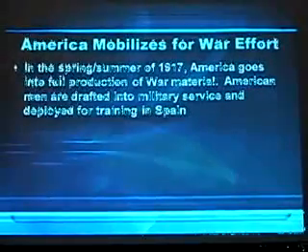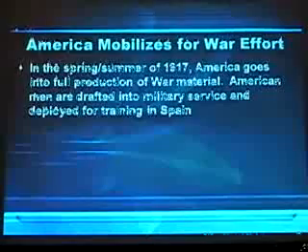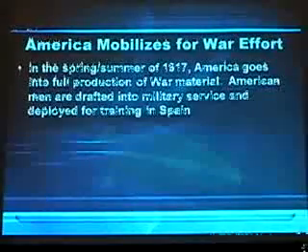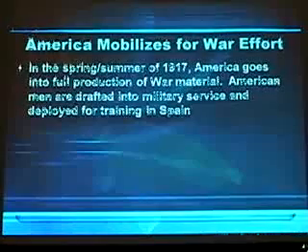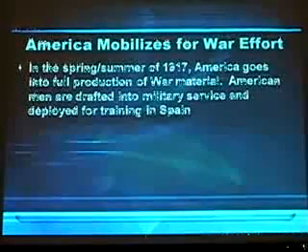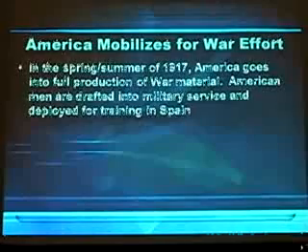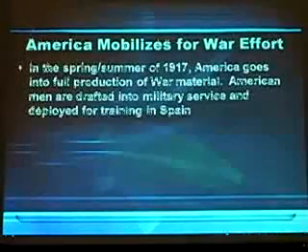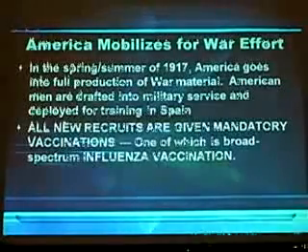As part of the mobilization for the war effort, in the spring and summer of 1917, America goes into full production of war material. Bullets, tanks, machine guns, all these new little mechanized warfare inventions were produced. For the first time, American men are drafted, forced basically, into military service, and then deployed for training in bases in Spain.